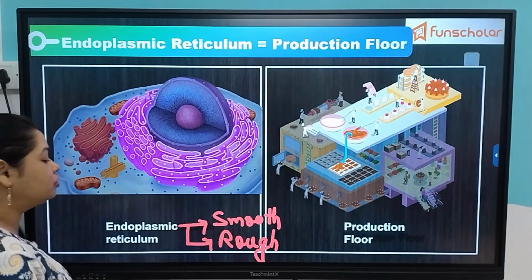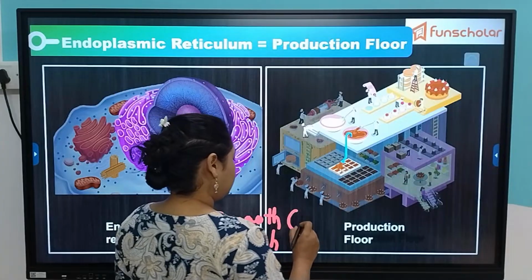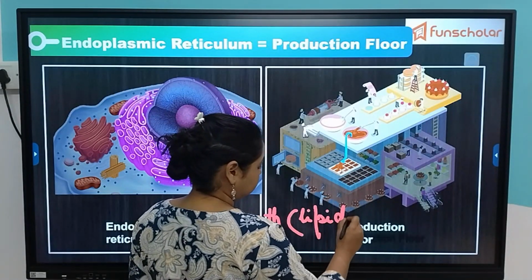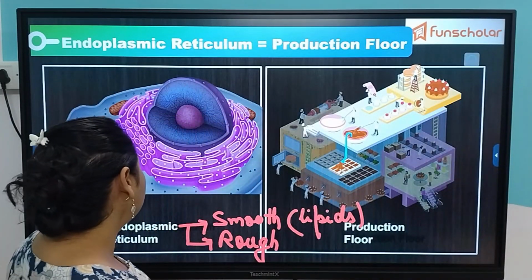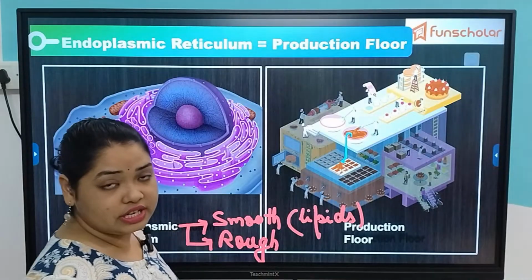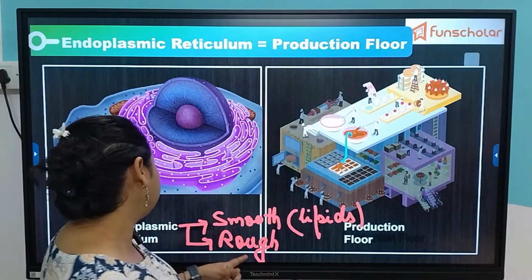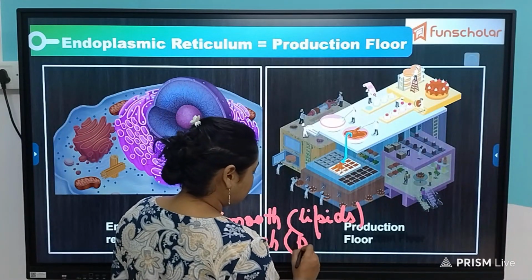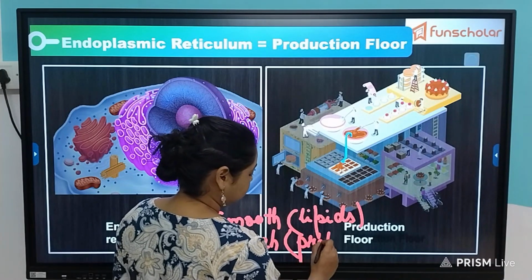Now the smooth endoplasmic reticulum produces lipids, and the rough endoplasmic reticulum has ribosomes, so it has that rough granular structure. That is why the name rough endoplasmic reticulum. It produces the proteins.